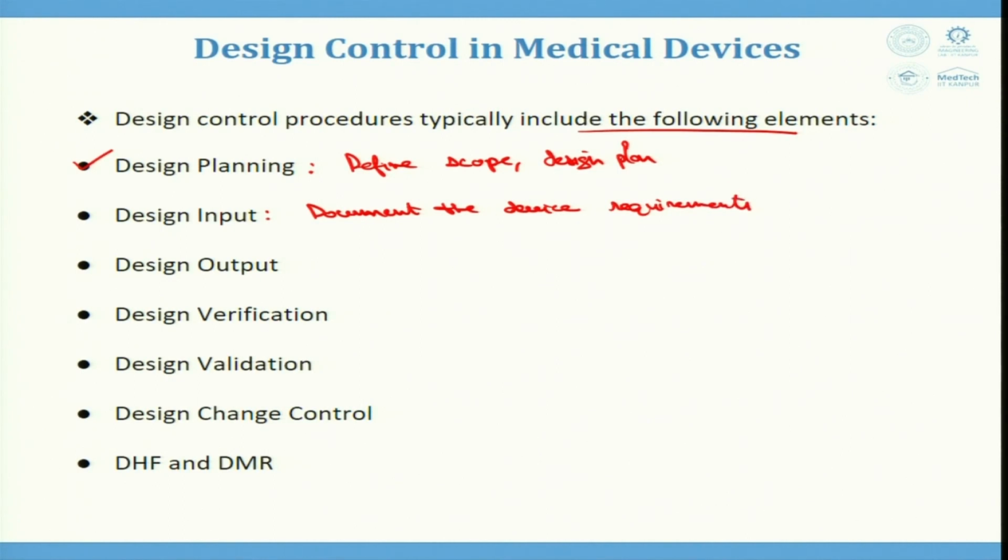And whatever is considered by users and stakeholders, those are all input here. Then comes design output, that is we create detailed device specifications, which includes drawings and schematics or so.